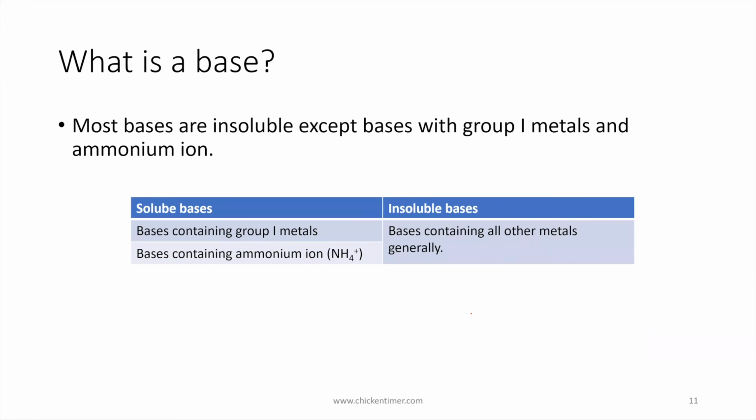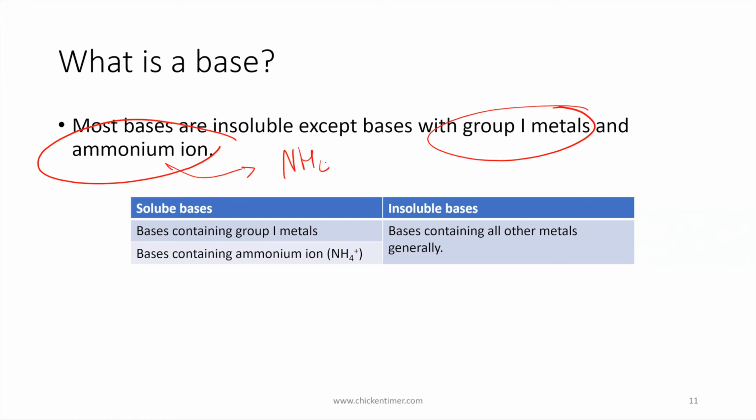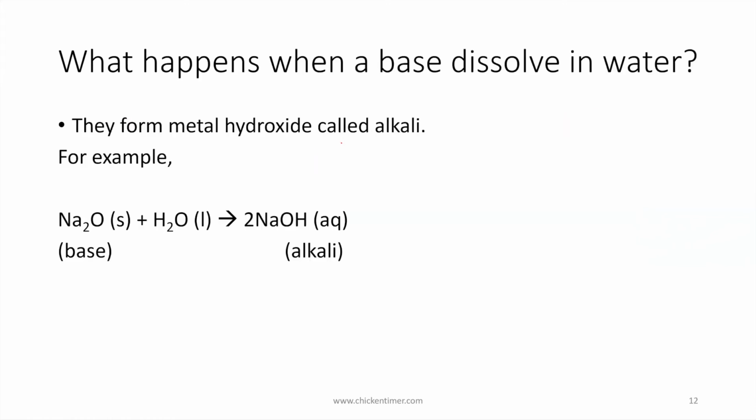Then bases are usually insoluble, except for those made from group 1 metals and the ammonium ion. Ammonium ion is this ion. So they are a group that dissolves in water. They're soluble bases, and soluble bases form metal hydroxides called alkalis.